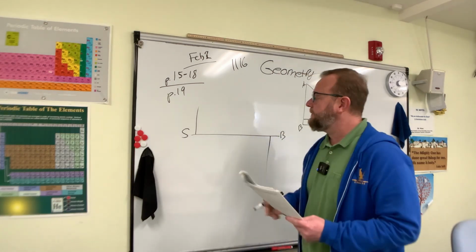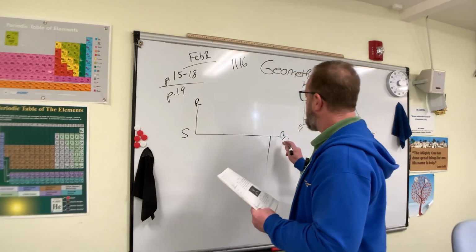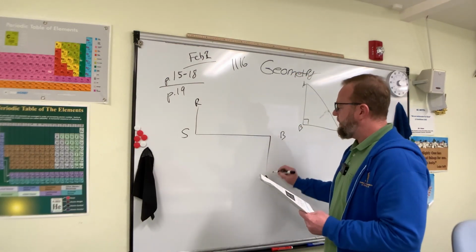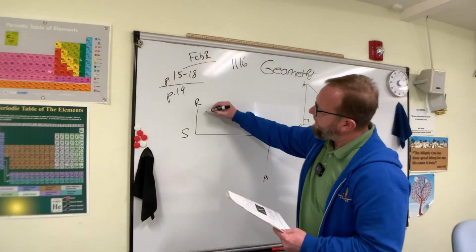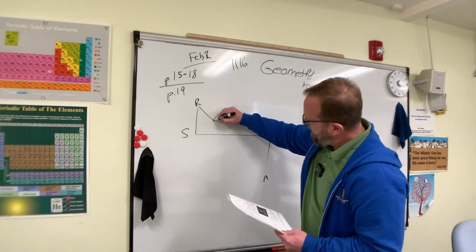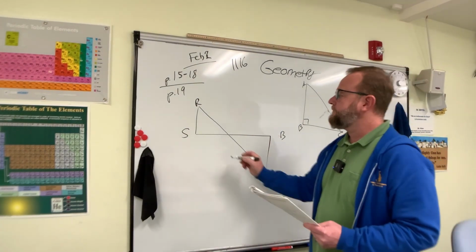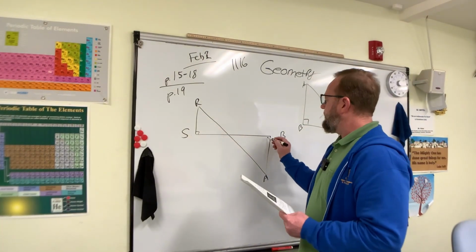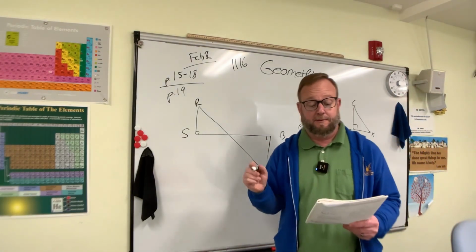Well, that's useful because now I have RS here and AB here, and I've got this line that connects the two. I already know that these then are right angles.